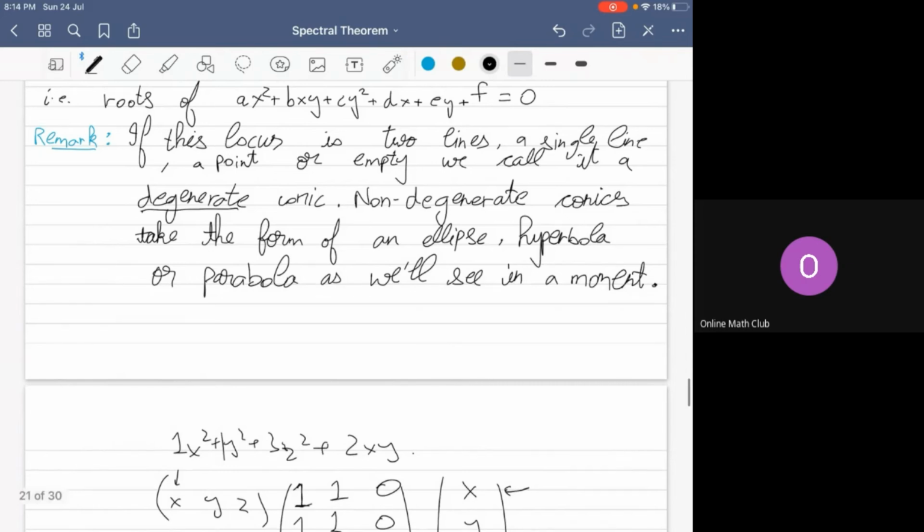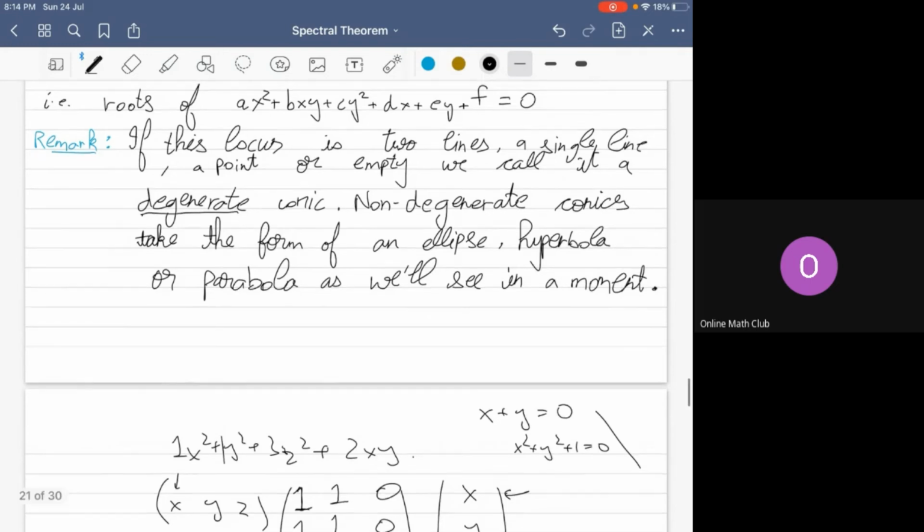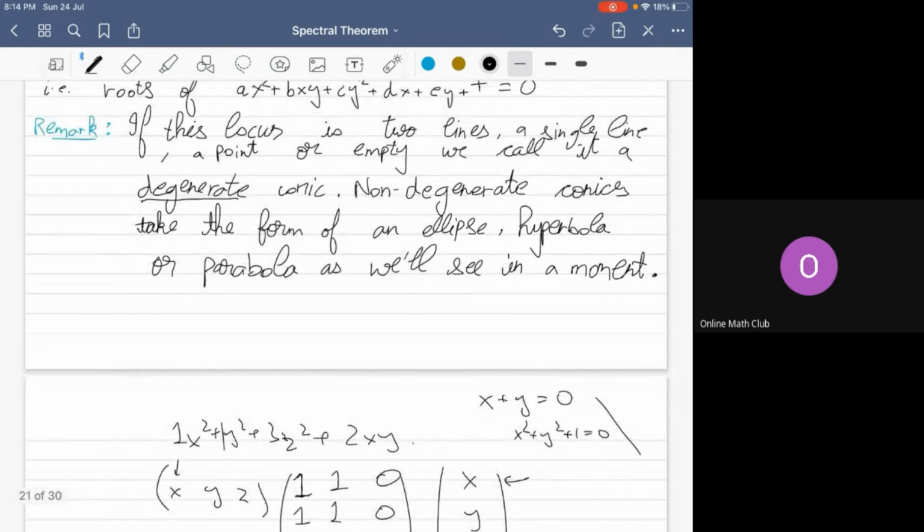For example, we would also include x plus y equals 0 to be a conic, although it is just a line. And we would also include x squared plus y squared plus 1 equals 0 to be a conic, even though it's empty. And we would call these degenerate conics.